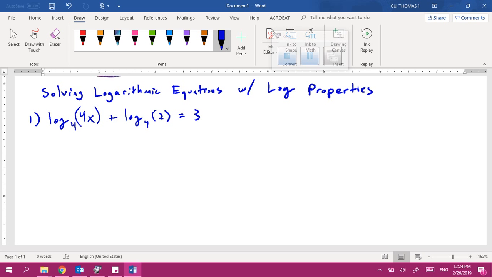All right, remember, we're still trying to solve for x here, but in those first examples we did, there's always only one log term, right? But right here, you see there's two. There are multiple log terms. So what do you think we want to do with those log terms? Combine them into a single log term, right? So if I combine these two, log base 4 of 4x and log base 4 of 2, what would that become?